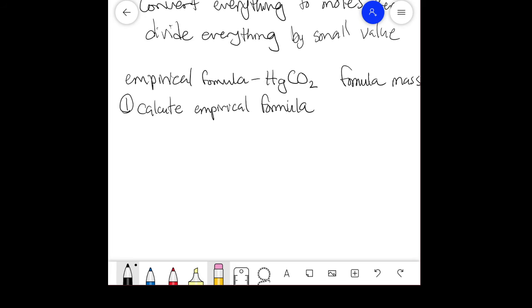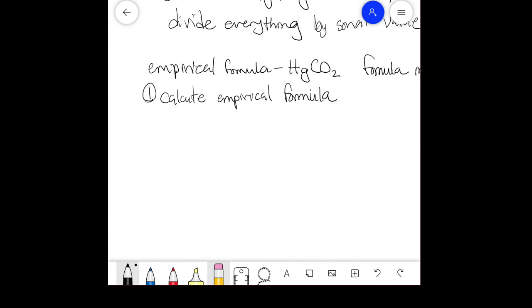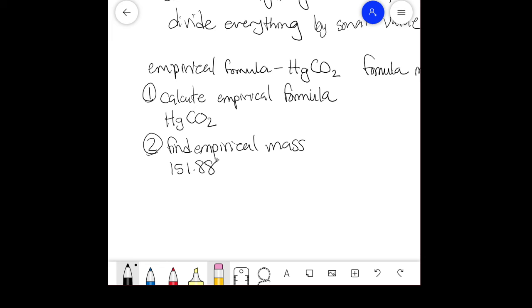Well, we already have it because the problem was nice and gave it to us. So next we have to find the empirical mass, which is basically just the formula mass of this. And the empirical mass of this compound is 151.88.